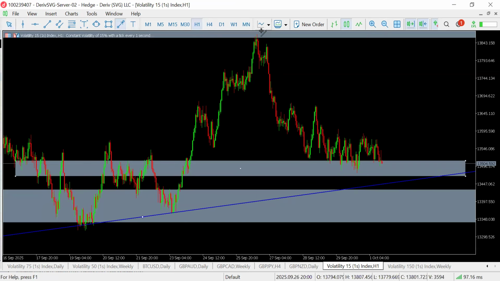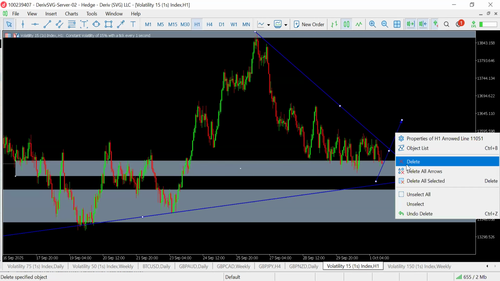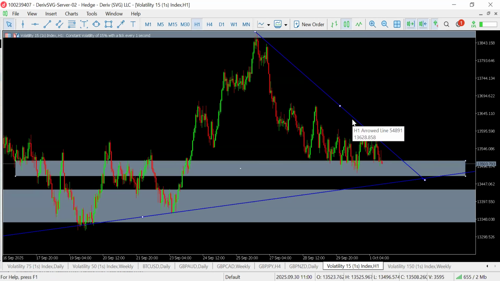One of them is the what? Counter trend line model. If I input my counter trend line here, I can wait for price to clearly or aggressively break above this trend line, wait for a retracement, and then take my buy trade. So this is my own outlook on this new Deriv synthetic index, the Volatility 15 1s index.